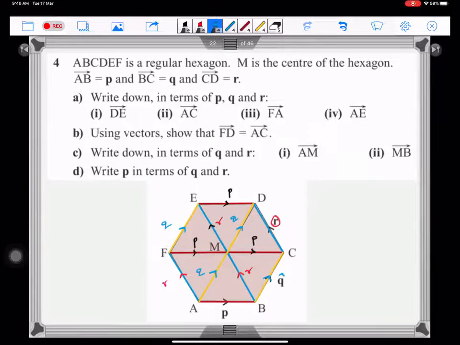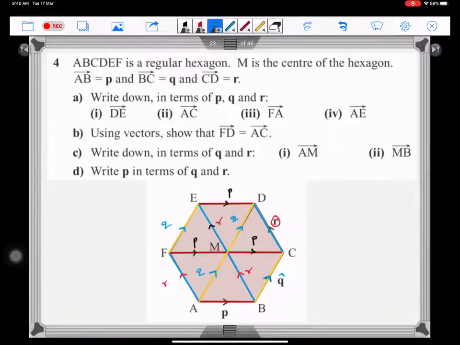Done? Now they're asking for DE, AC, and so on. Let's start with DE. DE is simple, that is minus P. How would you calculate AC? AB plus BC is AC, AB is P, BC is Q. Therefore, AC is P plus Q. What about FA?